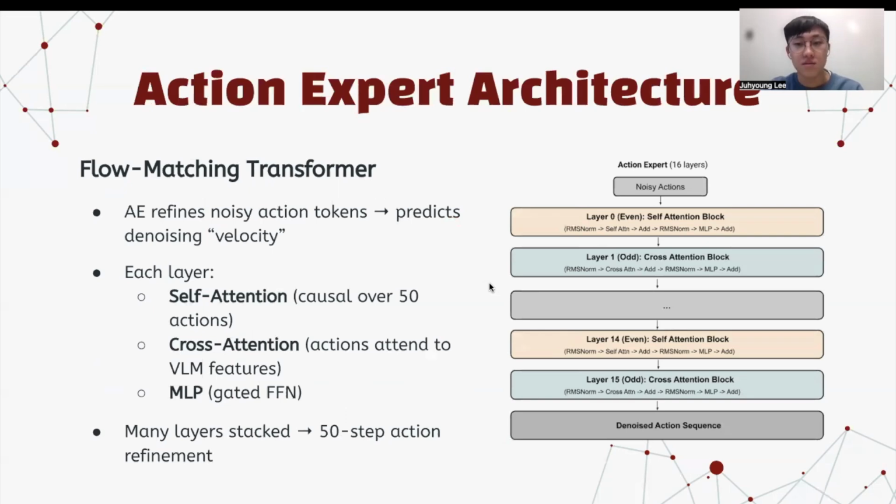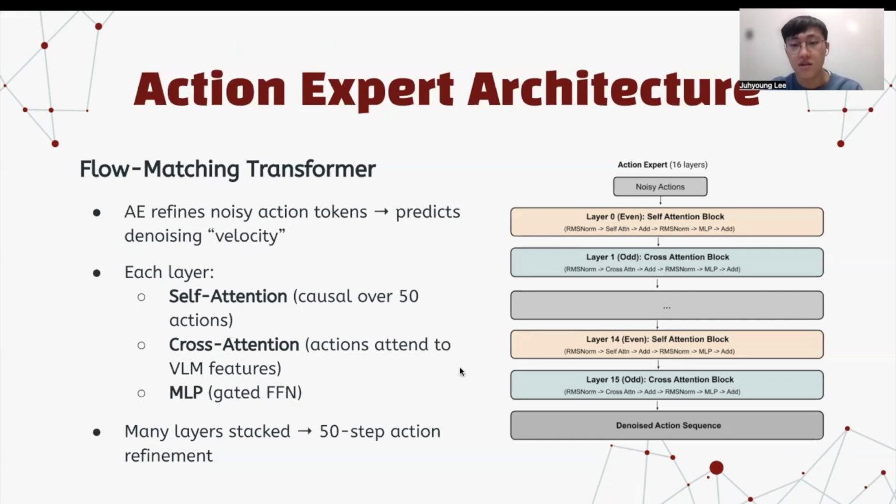Zooming into the action expert architecture, it's a flow matching transformer. Instead of models like GPT, which autoregressively predict one token after the other, it starts from 50 noisy action tokens and iteratively refines the whole 50-step trajectory through each layer. Each layer predicts a kind of velocity vector that nudges these noisy action tokens towards a more meaningful trajectory.